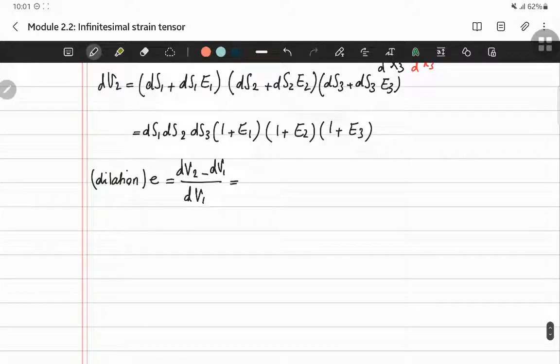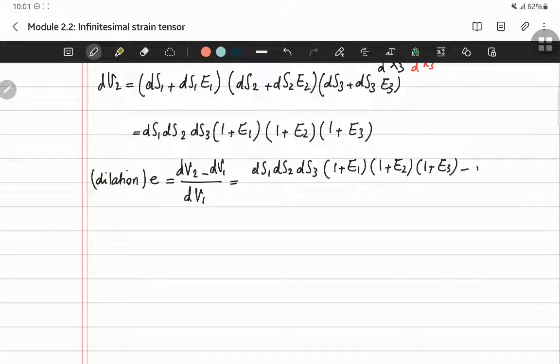So here we have ds1 ds2 ds3 times 1 plus e1, 1 plus e2, 1 plus e3, minus ds1 ds2 ds3, divided by ds1 ds2 ds3.